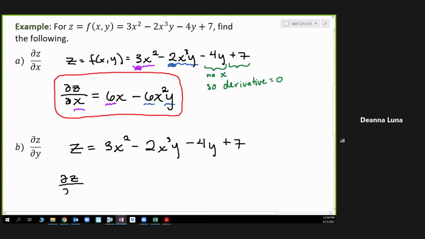So on this one, would the middle term still be the -6x squared y, since it still has a y in it?